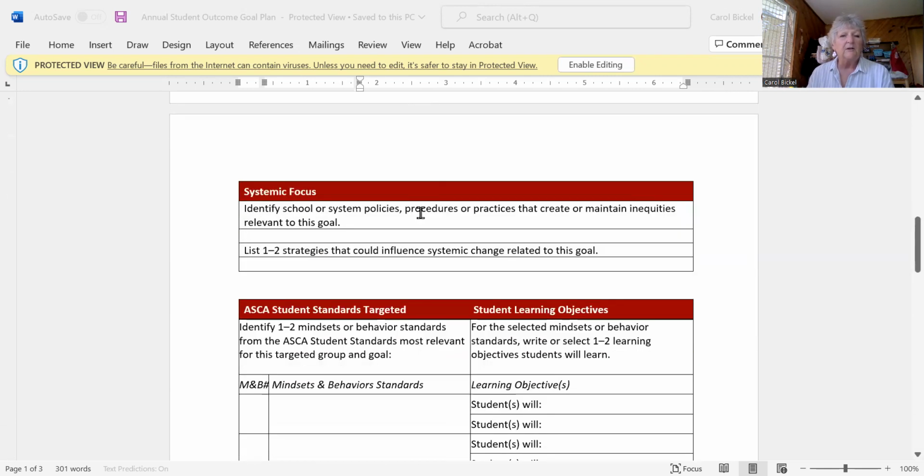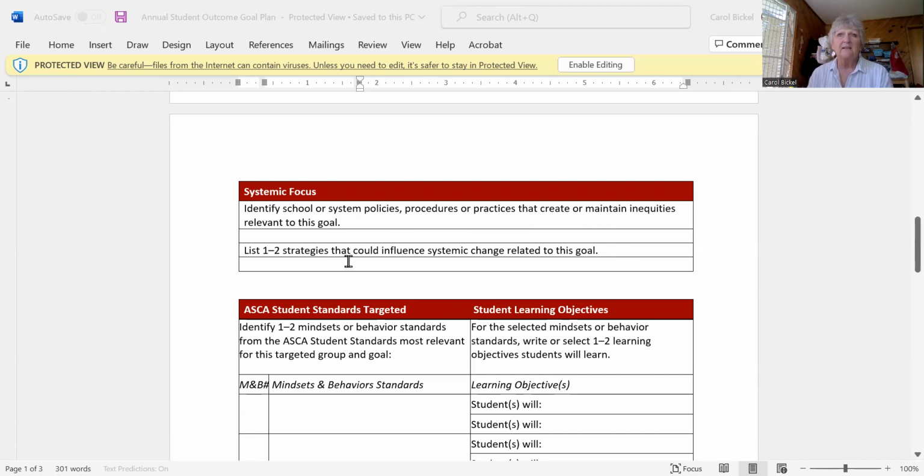Then below here, you've got to identify the school's systemic policies, procedures, practices that create or maintain inequities relevant to your school. You know, that's a tough one. Strategies that could influence systemic change related to the school.